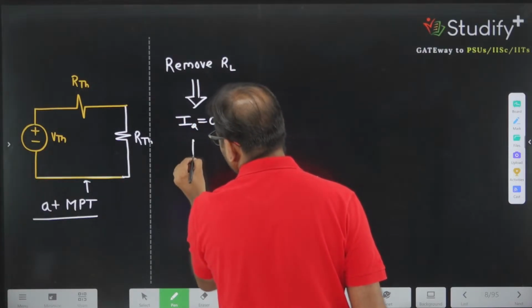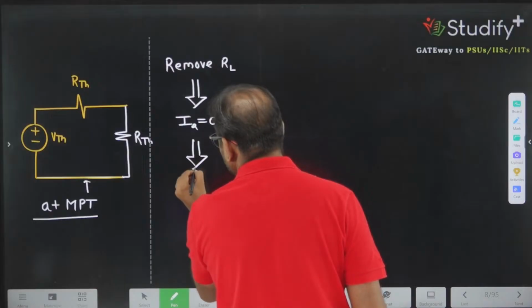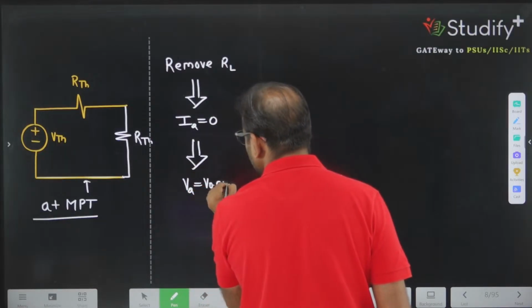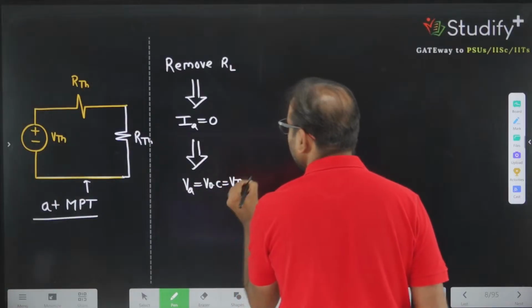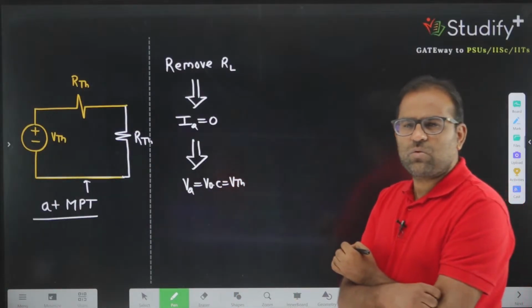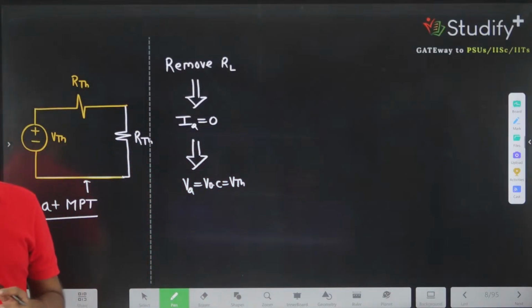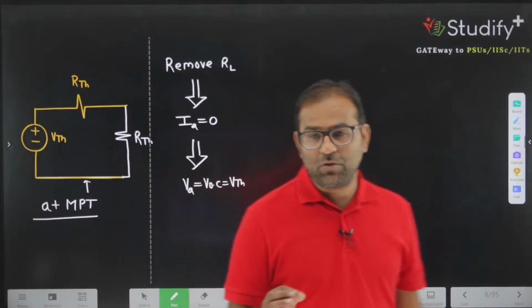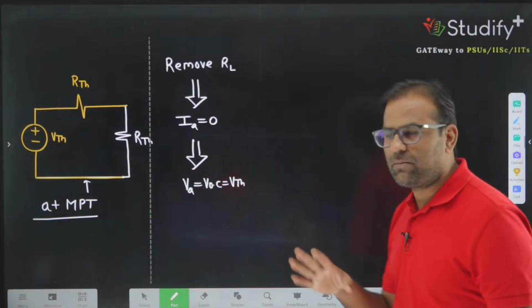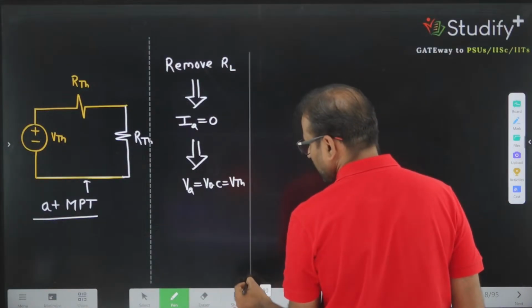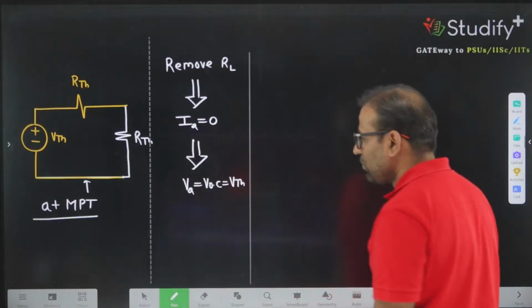And if I2 equals 0, V2 will be the open circuited voltage, the Thevenin's voltage. This is the whole story, and this story is applicable to all two-port networks whenever you want the Thevenin's equivalent or maximum power transfer or anything. Correct?